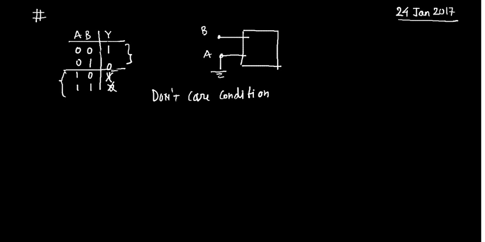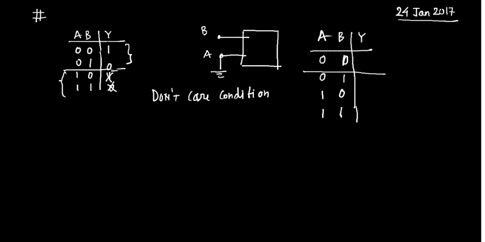Say for example, I'm having 2 variables again. I'm only bothered when they are 0 1 or 1 0, when these 2 variables are different. Only these 2 conditions I'm bothering about. This output I don't care.